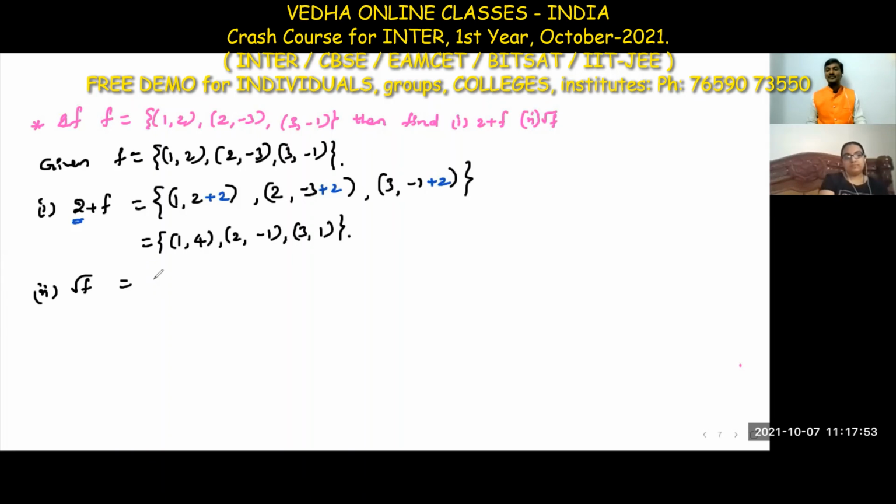Next, root f. For root f we also do the same thing. Whatever the operation we have, we apply on the second number. Understood? So here also we do the same: keep the root on the second number.